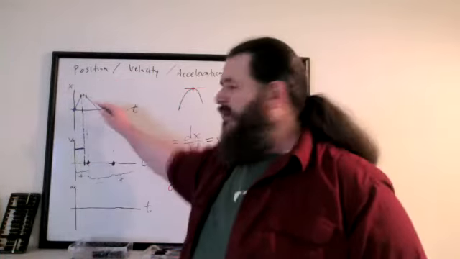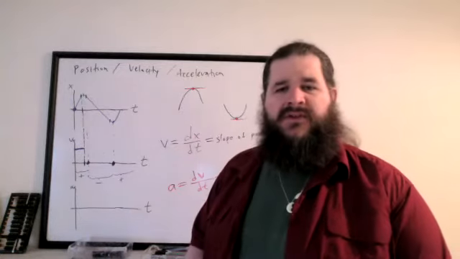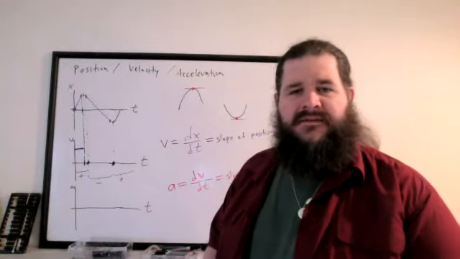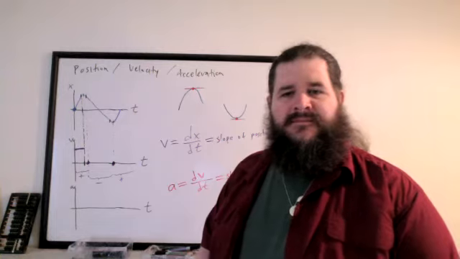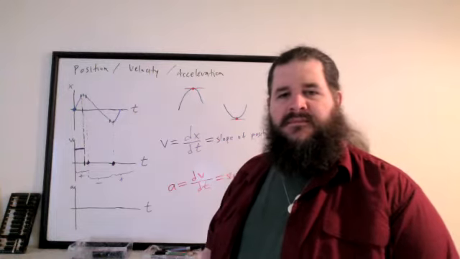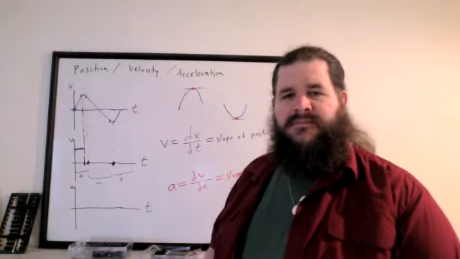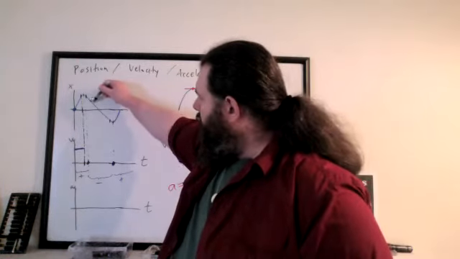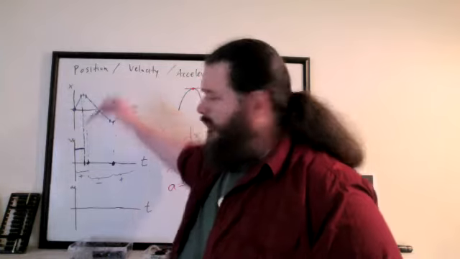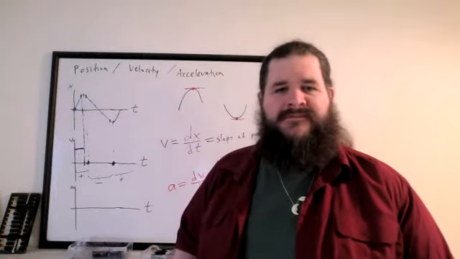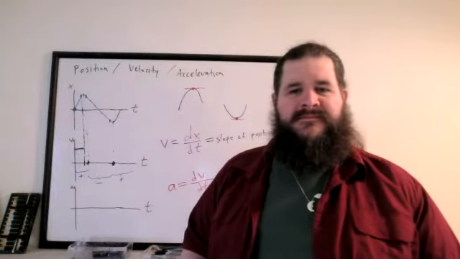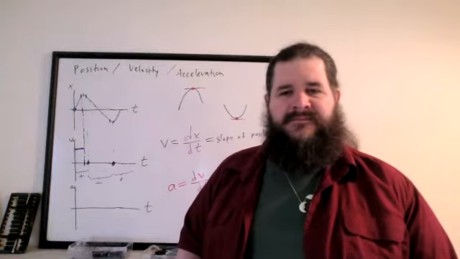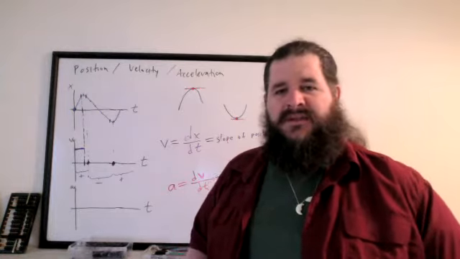So if the position graph is a straight line, what do you know about the slope of a straight line? If this truly is a straight line, if you measure the slope here and the slope here and the slope here, what would you expect about those slopes? They're the same. Yeah, they're all going to be the same.